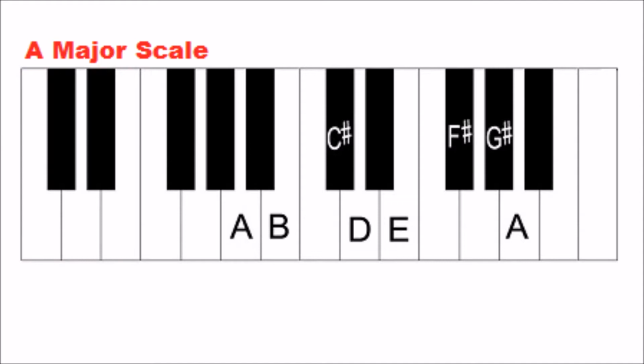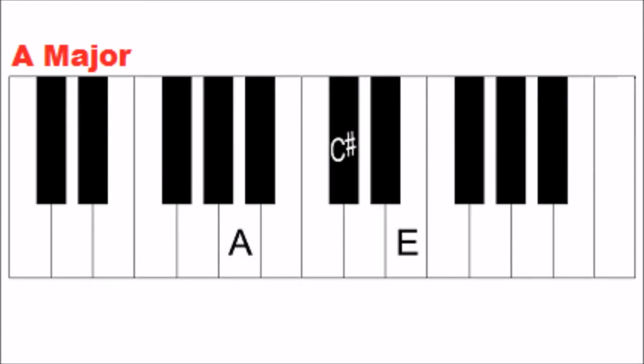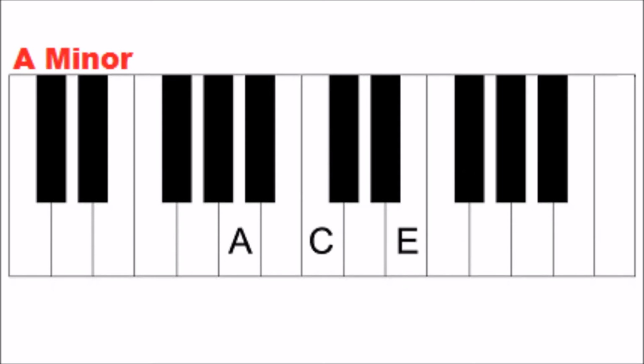This one is quite obvious because we are in the key of A major. It has to be an A major chord. Furthermore, it cannot be a minor chord because the notes of the A minor chord are A, C, and E, and you already know that C is not in the A major scale.